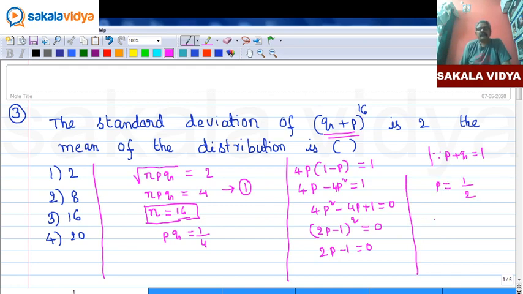So the mean you need to find out. What is the mean? Mean is equal to np. Already n stands for 16. So 16 into 1 by 2, so that is 8.